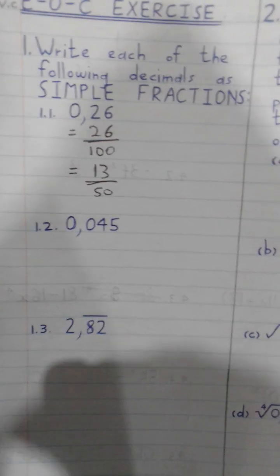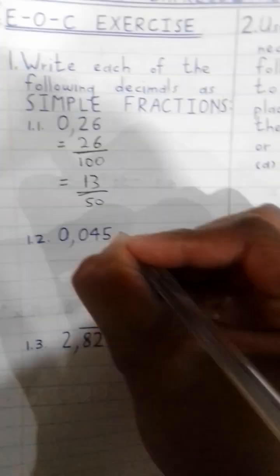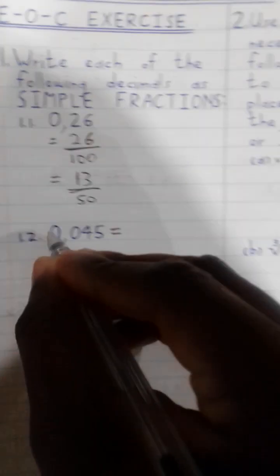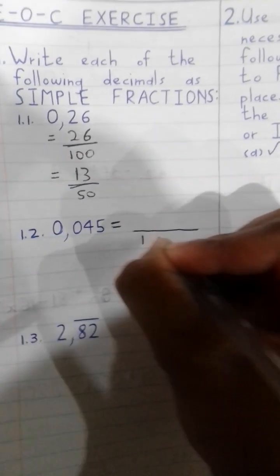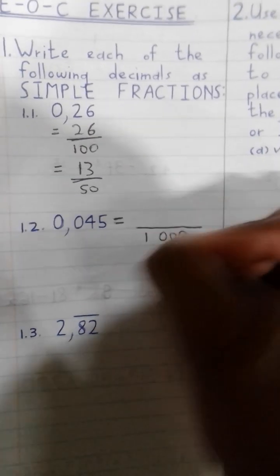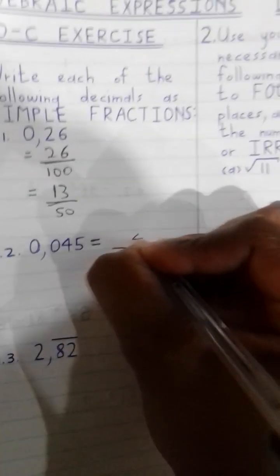1.2, we have 0.045, so underneath it's going to be 1,000. The 0 we don't write down, so we write 45 over 1,000.